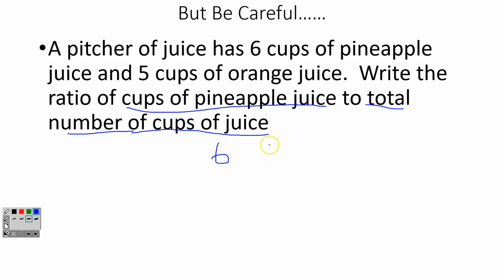And then because it uses the word "to" here, I'm just going to use that same thing. It says the total number of cups of juice. Do not put 5. This is not correct because it wants to know the total number of cups. So remember when I said watch the wording? This is a good example of it. So the total number of cups would actually be 6 plus 5. That should be an 11, sorry.